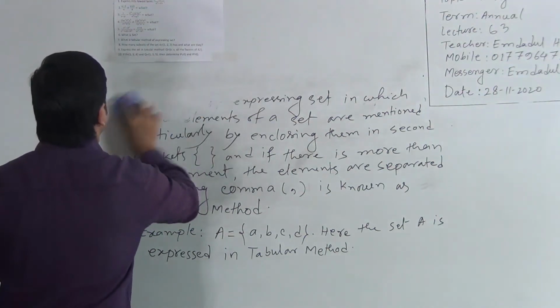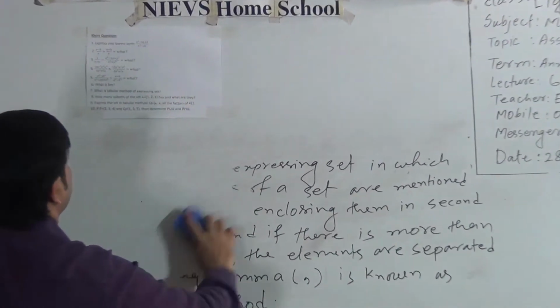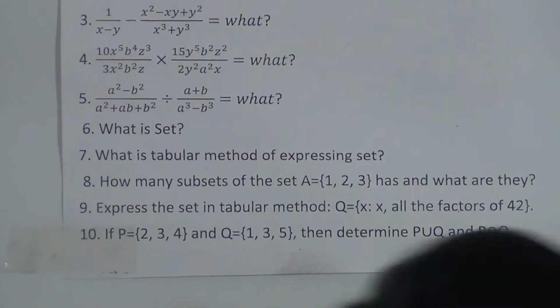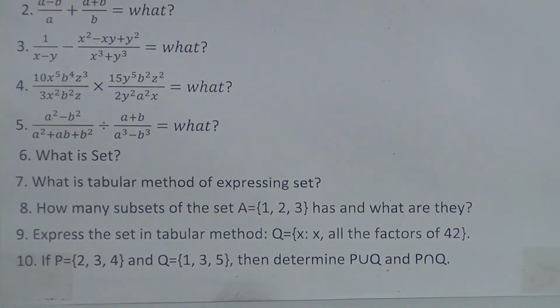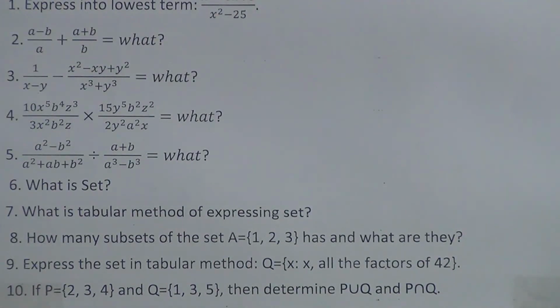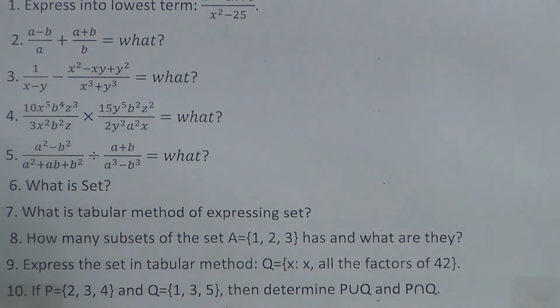Now question 8. How many subsets does set A have and what are they? So at first we have to know what a subset is. The sets formed by the elements of the given set are known as the subsets of the given set. Suppose I am writing a set A equal to a, b, c.